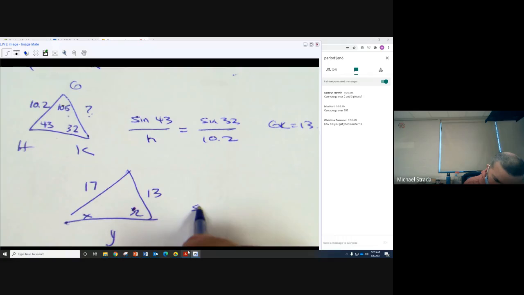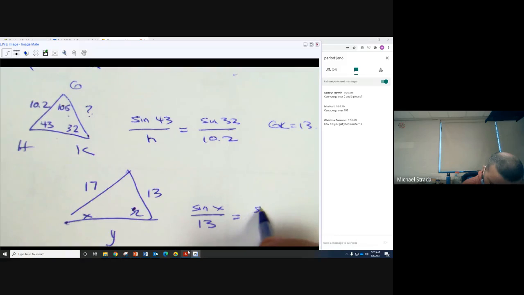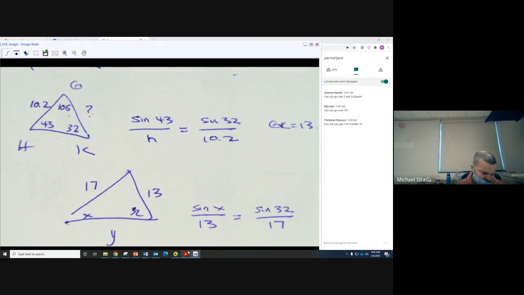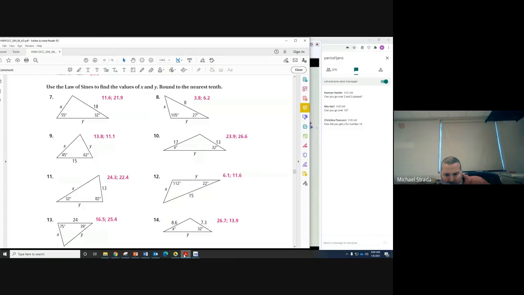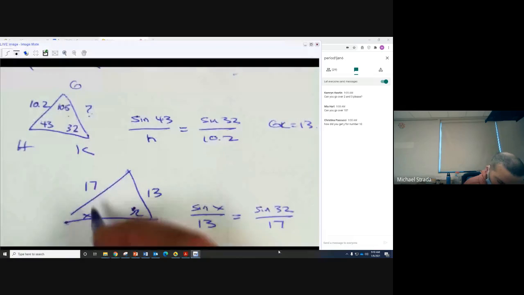Sine of x over 13 equals the sine of 32 over 17. The second sine of that cross multiplication gave me 23.9 degrees.